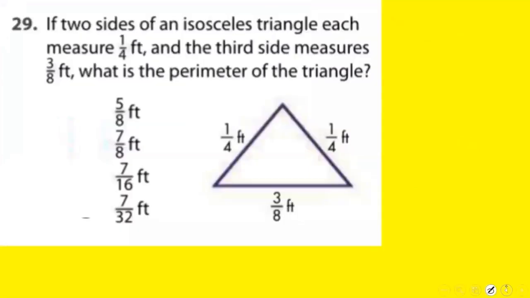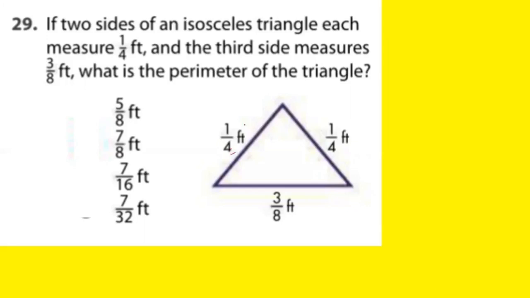If two sides of an isosceles triangle each measure a quarter feet, and the third side measures 3 over 8 feet, what is the perimeter of the triangle? Okay. The perimeter of a triangle is to combine all 3 sides with each other.